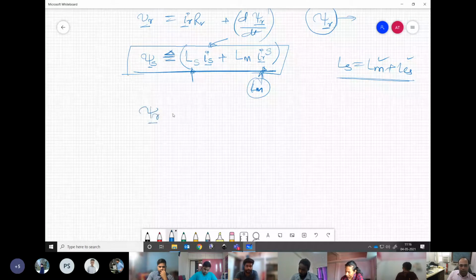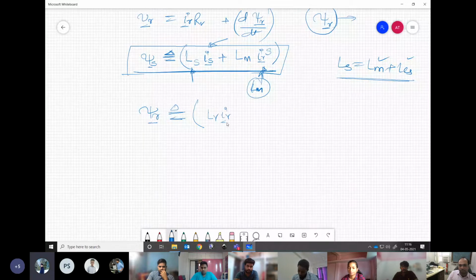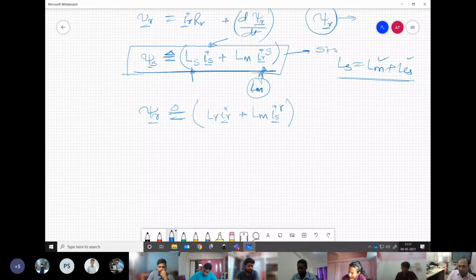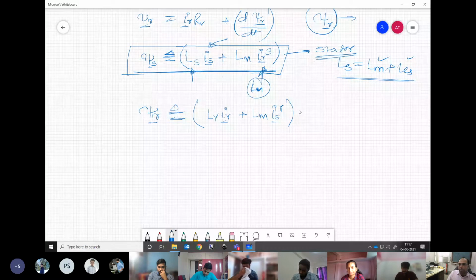Similarly, what will the rotor flux be if we have to write it? Same way you can tell: Lr into Ir plus Lm Is. Clear? Now, you must understand that when we say stator flux, the reference frame is the stator reference frame.